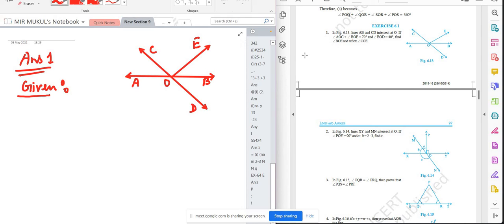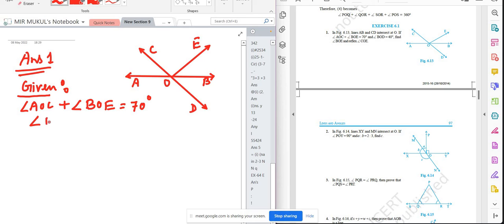So here the main point of given things is angle AOC plus angle BOE equals 70 degree and angle BOD equals 40 degree, right?